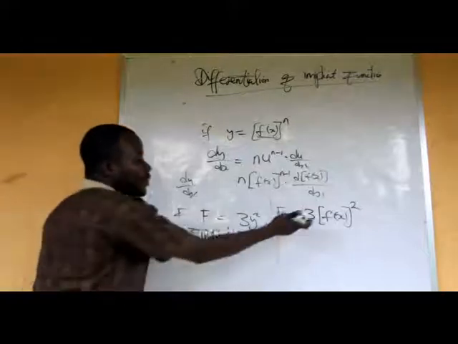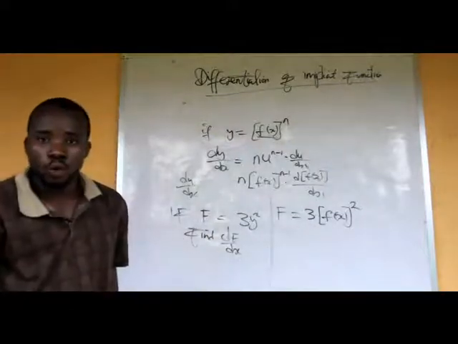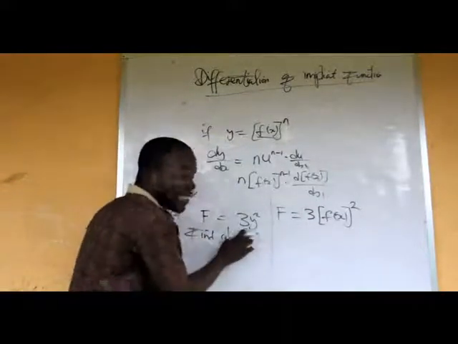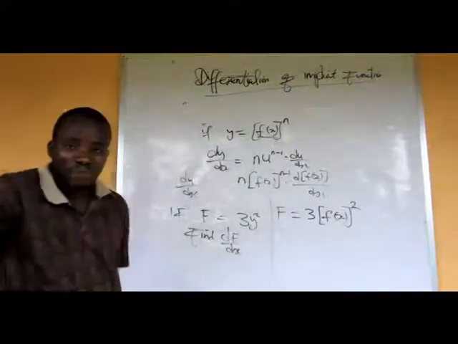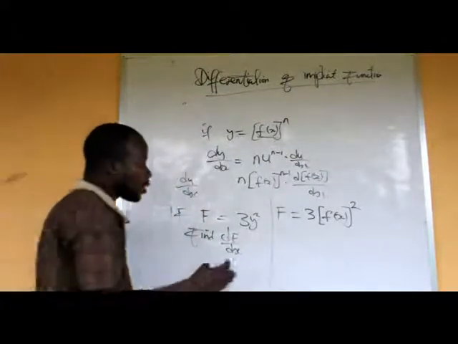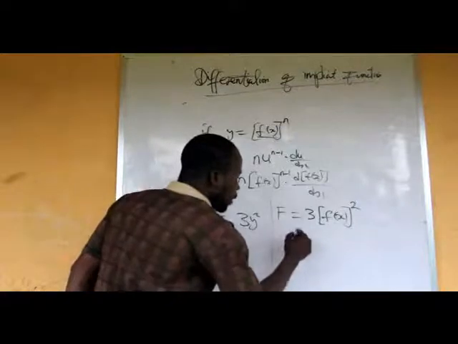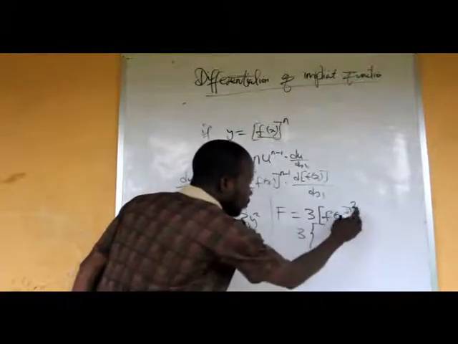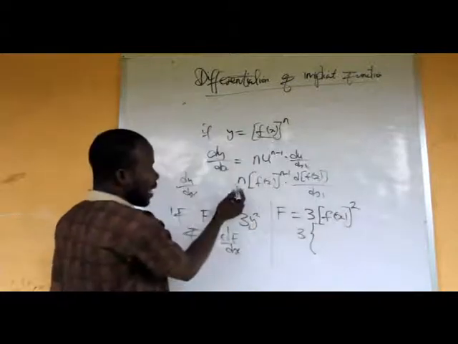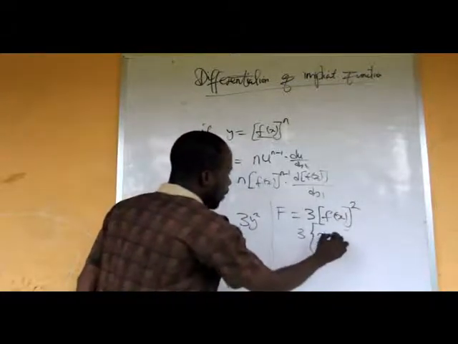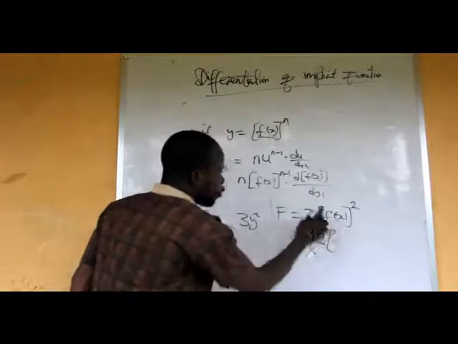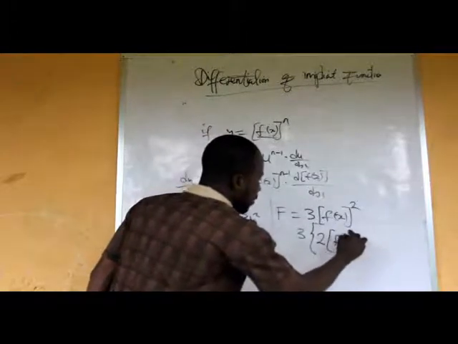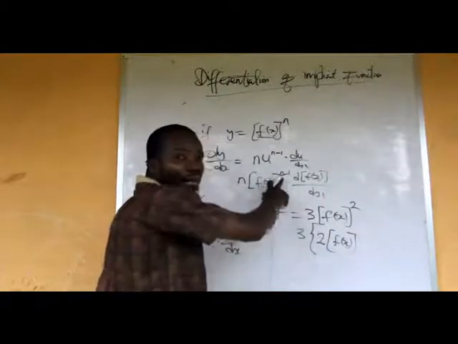Now, for you to differentiate this, it will need chain rule, where my f of x is this y, because we know that y is a function of x. So now remember, from chain rule, 3 is still outside here. You bring down the power n, which is the power, into the function, and the function here is f of x, raised to power n minus 1.